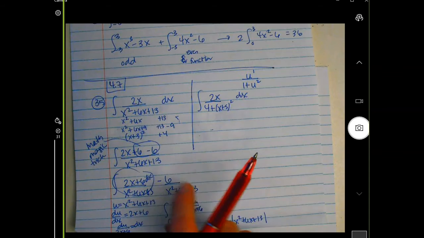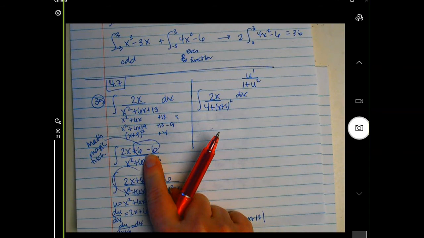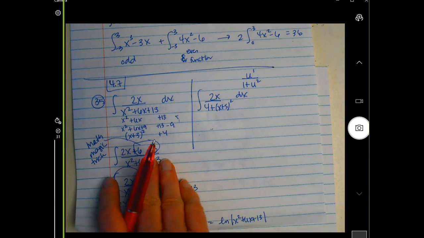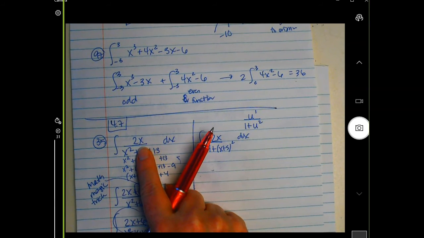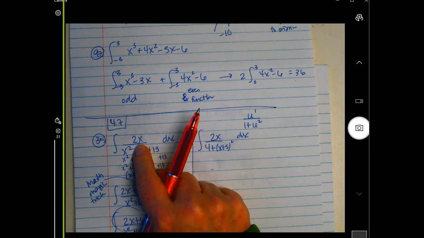How did I know? It's right here, this part, Luke? Okay, did you see my note on my paper that I posted? I learned something new when I did this problem originally. Like, are you talking about adding the 6 to the 2x part?